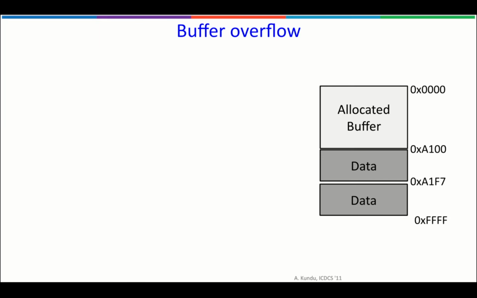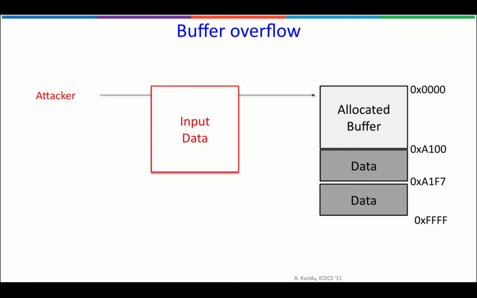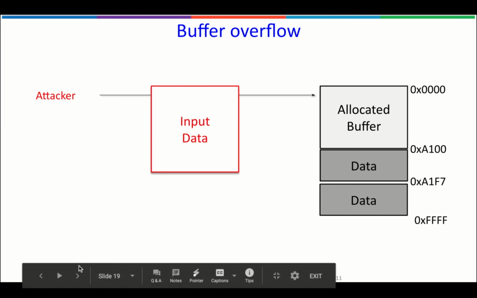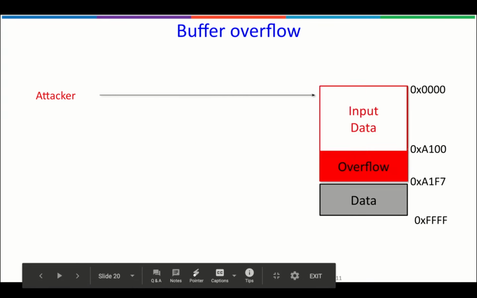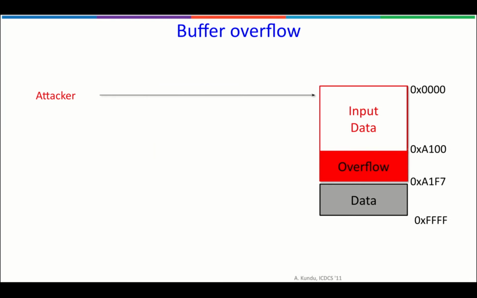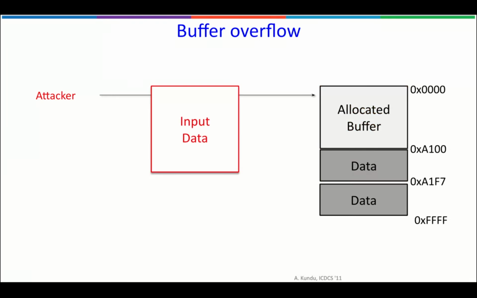There's an allocated buffer with data. The attacker sends data which is, sorry. The buffer overflow here is about the input data being larger in size than the allocated buffer, so it overwrote the data from 0xA100 to 0xA1F7.